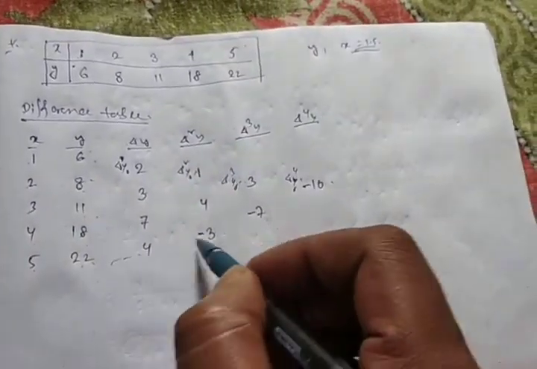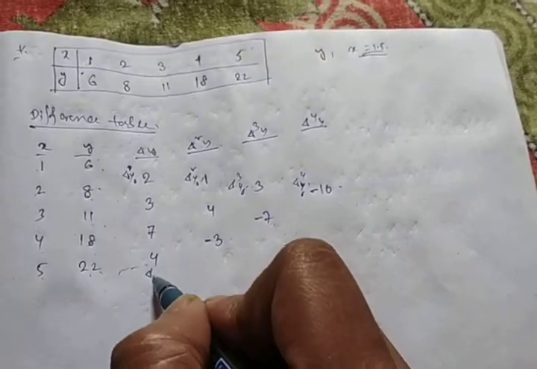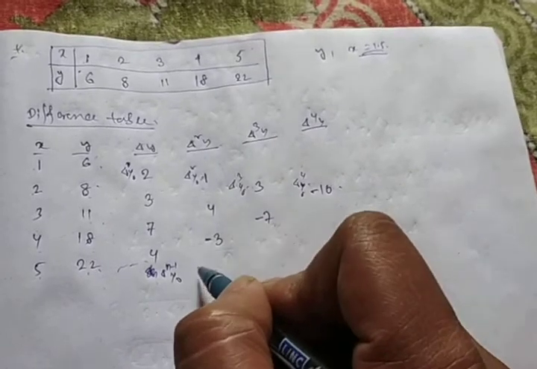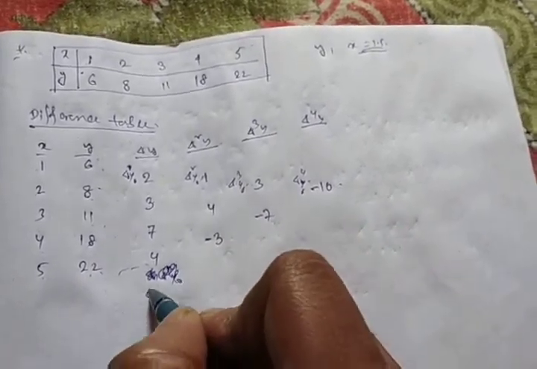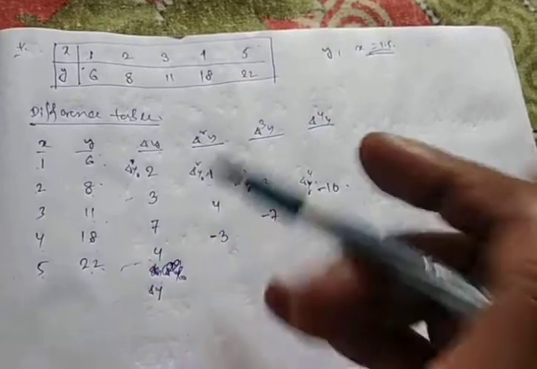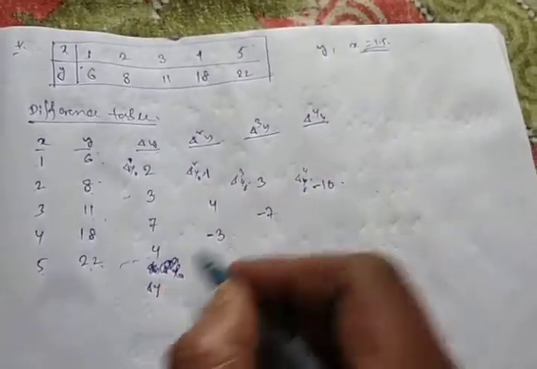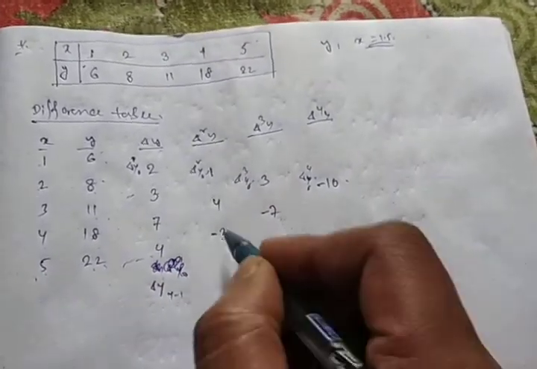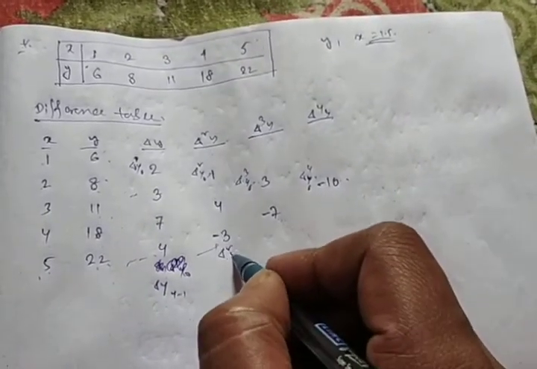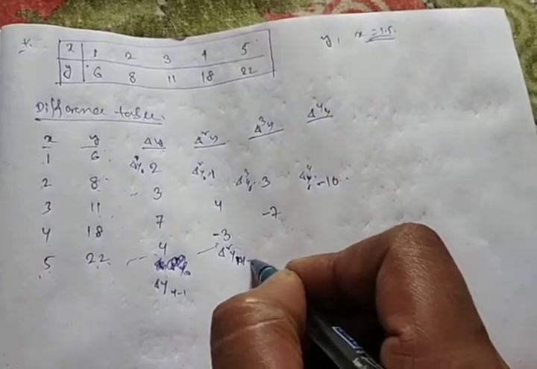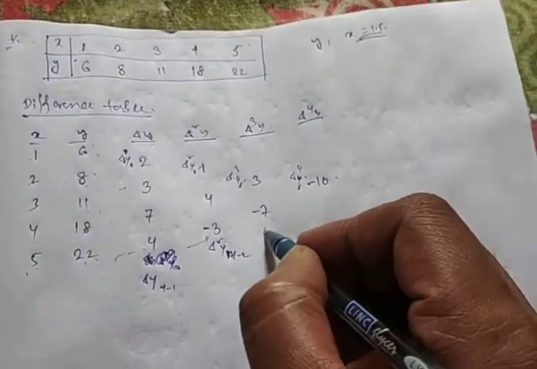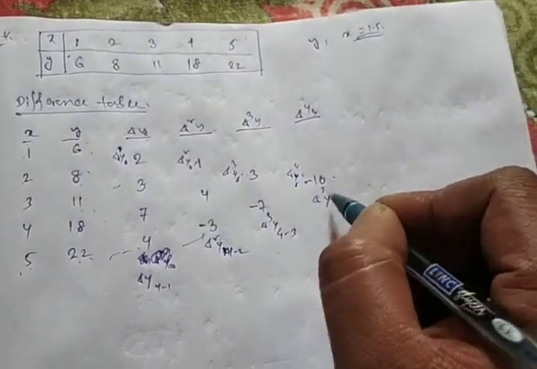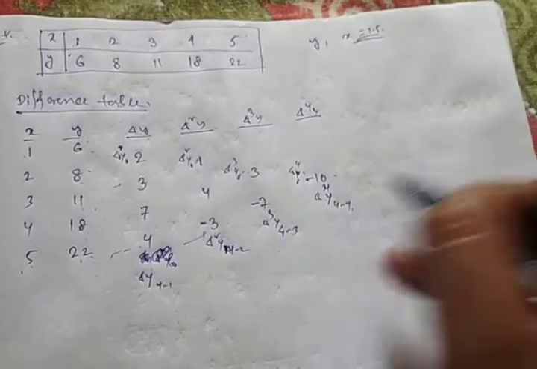And the last differences are, sorry, this is delta y4 minus 1, the fourth difference, the highest value is 4, so 4 minus 1. This is delta square y 4 minus 2, this is delta cube y 4 minus 3, this is delta to the power 4 y 4 minus 4. Okay.